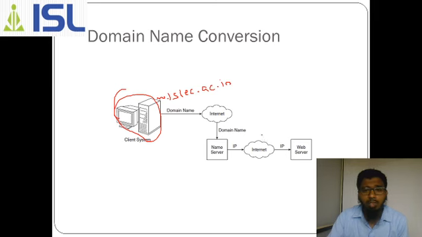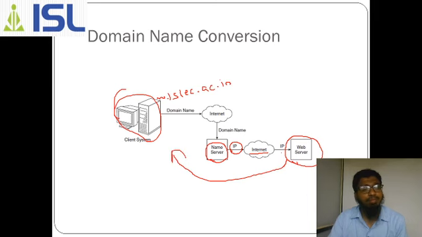Whenever you type the domain name, it will go to the internet. From the internet it will go to the name server and identify where islec.ac.in is stored. After that it will take the IP of that name and send it again to the internet. From the internet it will go to the web server, and from the web server it will display to the client.